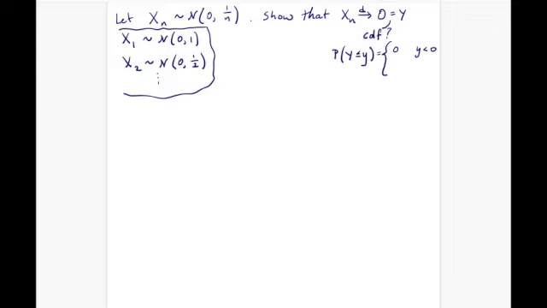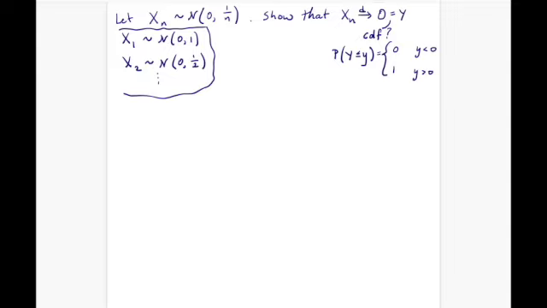Because if little y is less than 0, then it's less than the random variable itself, and the probability that happens is 0. And then of course, if little y is greater than 0, then the probability should be 1, because you've left all of the probability mass behind.